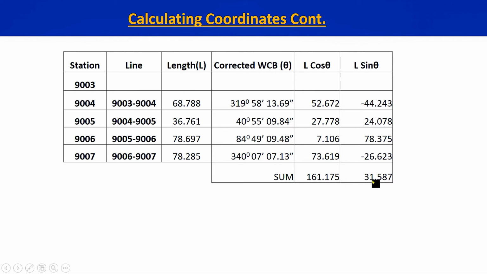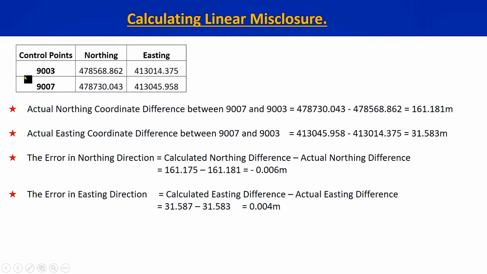The sum of all the easting coordinates is 31.587 meters. So we see we are getting the same difference as the actual coordinates obtained from GPS points. The actual northing coordinate difference between 9007 and 9003 is 161.181 meters. The actual easting coordinate difference between 9007 and 9003 is 31.583 meters.